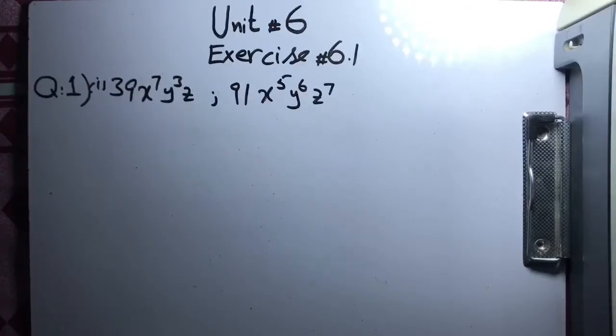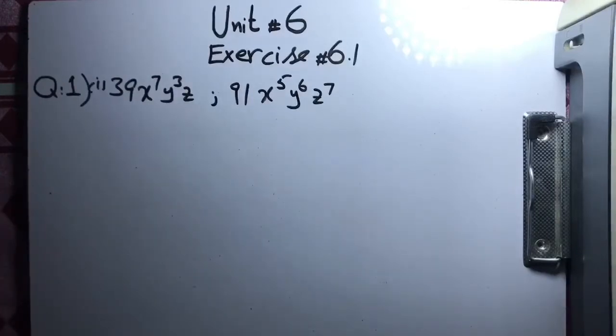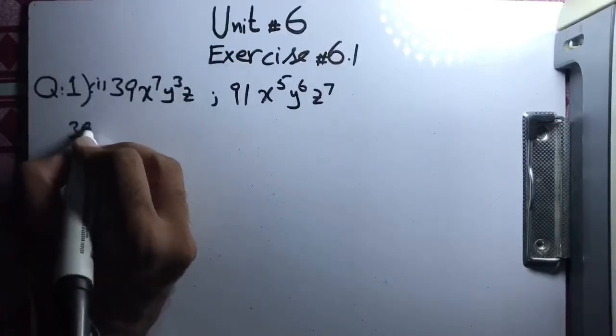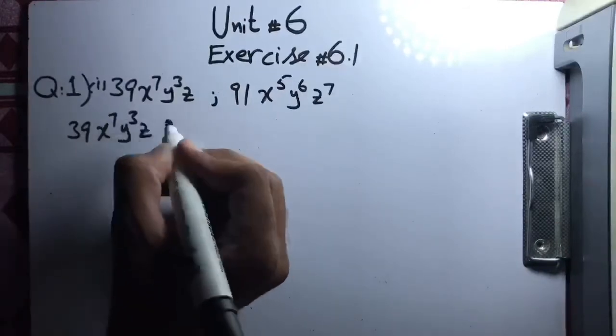Question number 1, part number 1 is 39 x raised to power 7 y raised to power 3 z, and 91 x raised to power 5 y raised to power 6 z raised to power 7. We have to find the HCF of these two algebraic expressions. First algebraic expression is 39 x raised to power 7 y raised to power 3 and z.